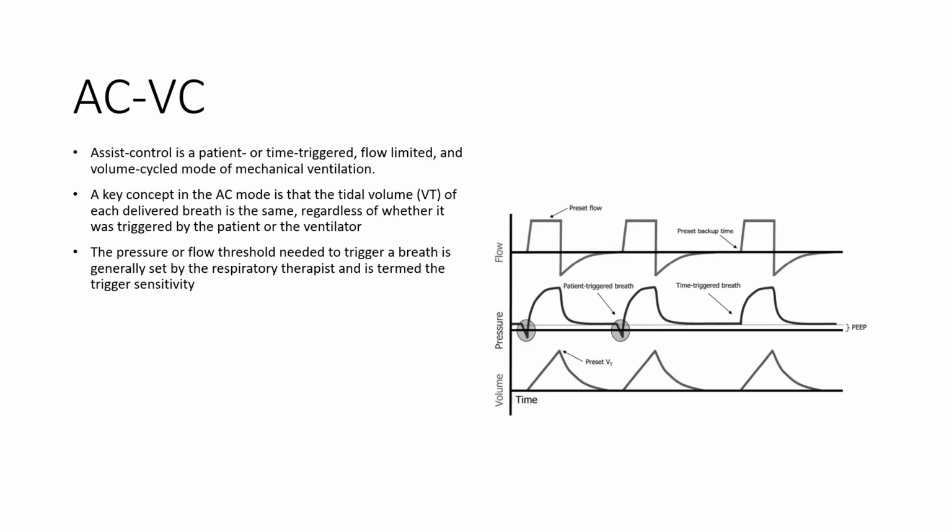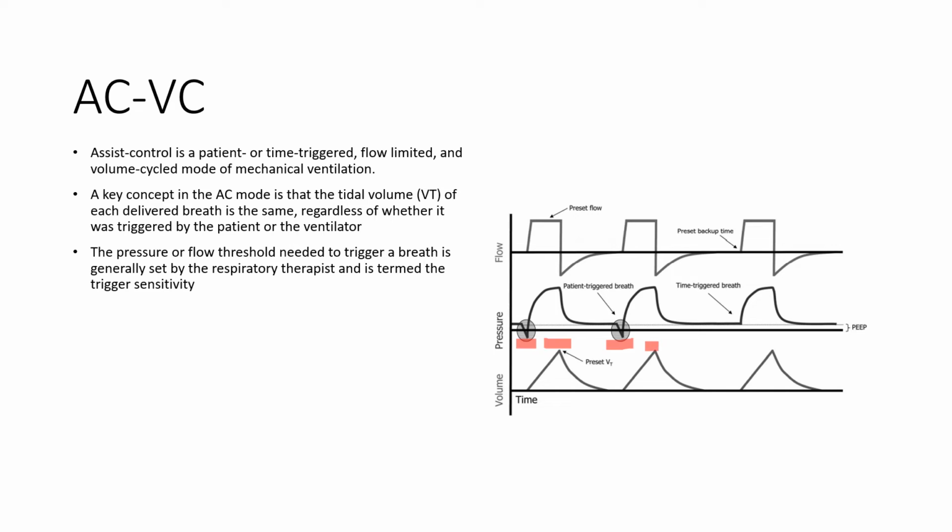So we get a little bit more detail about assist control in volume cycled ventilation. In other words, you're setting a set tidal volume. And as I mentioned before, these little drops right here are spontaneous breaths, but every time the patient takes a spontaneous breath, it's exactly 600. Say if the tidal volume is 600, it'll be exactly 600.